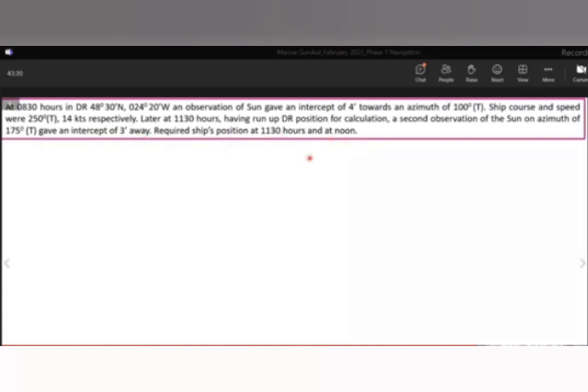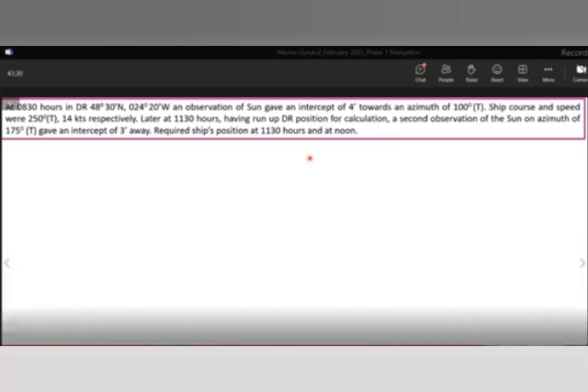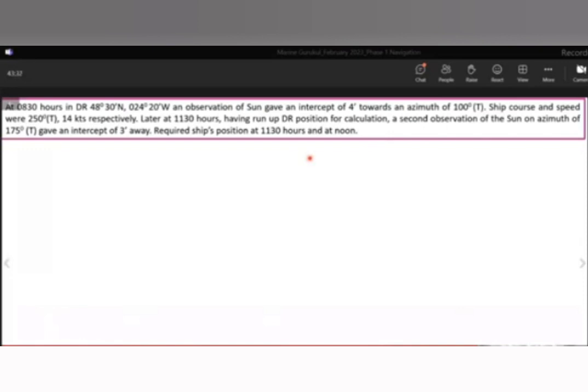Now, first we'll draw a rough diagram to figure out what is to be transferred and then mathematically calculate the transferred position. Beta, you can give a reading to the question and just share with me if you have any doubts.